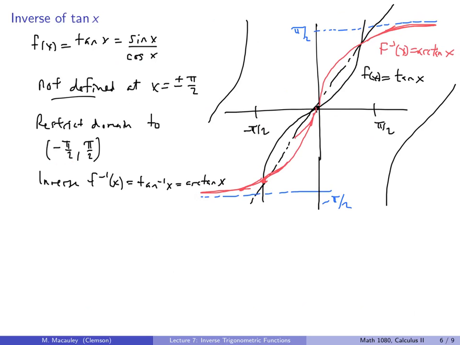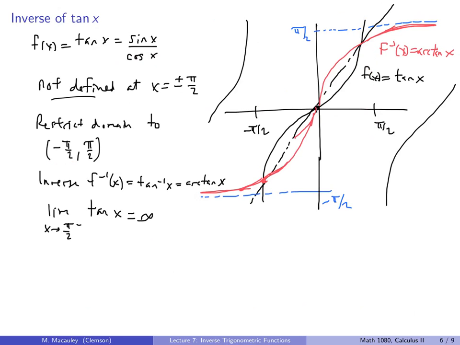And now, what else do I want to write down? Well, let's just note the asymptotes. The limit as x goes to pi over 2 from the left, this vertical asymptote, of tangent of x equals infinity.